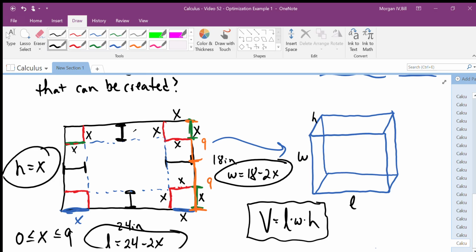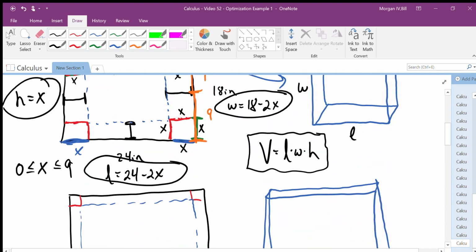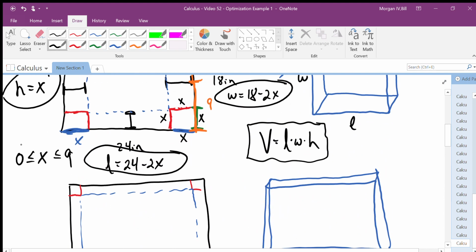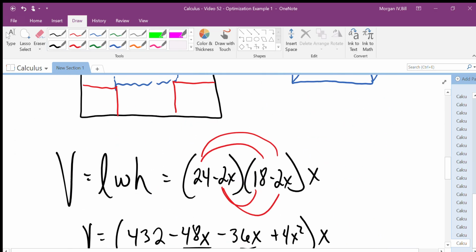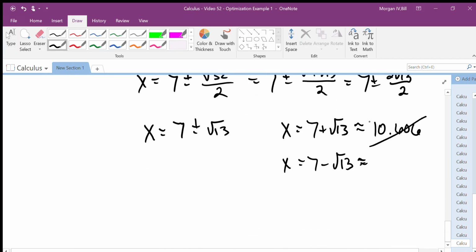You can't take out 10.606 from each side, on top and bottom for each of those squares, so that answer doesn't make any sense. Remember the constraints, the bounds, was that x is between 0 and 9. It can't be more than 9. It can't be 10.606. So, we'll cross that one off.